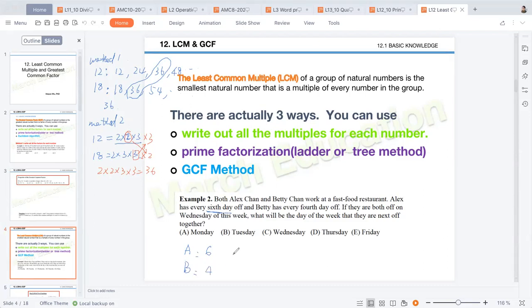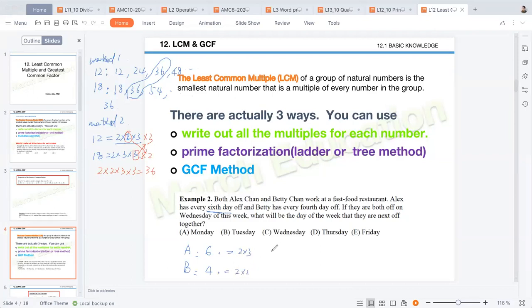So step 1, I want to find the common factor of it. So this is 2 times 3, and this is 2 times 2.